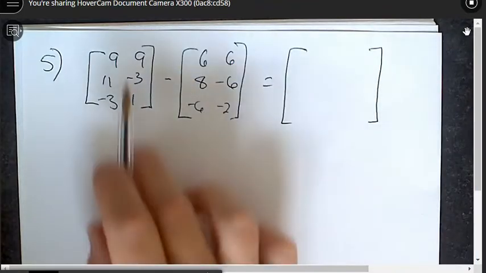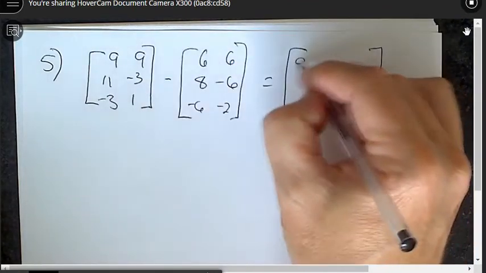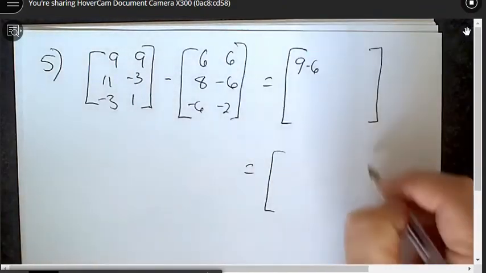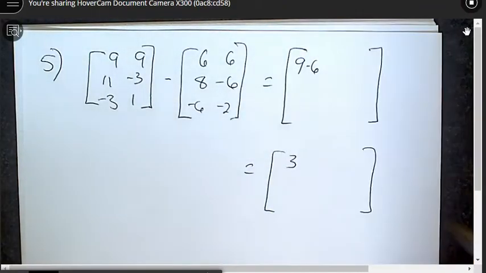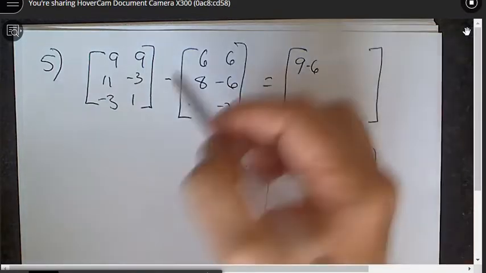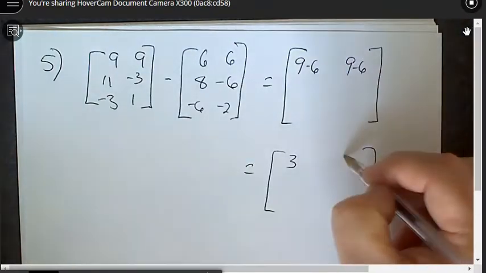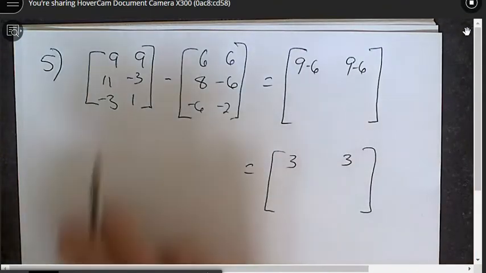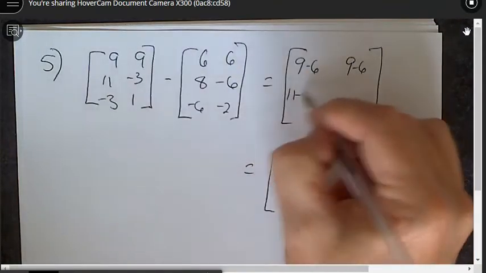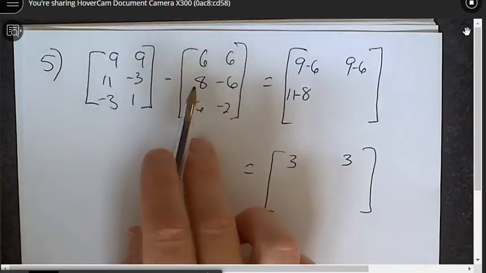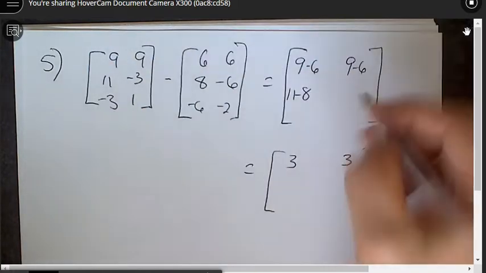So for the first corner, it's 9 minus 6, which equals 3. Top right hand corner, same thing. It's still 9 minus 6 for that one also, which would be 3. We have 11 minus 8 when we get to the second row, and then -3 minus -6.